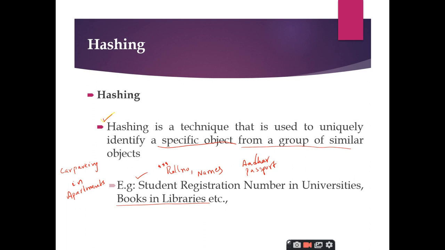But the second counterpart is you impose some restrictions while inserting your bike. You put a restriction that you have to park your own car in the slot prescribed for you only, right.